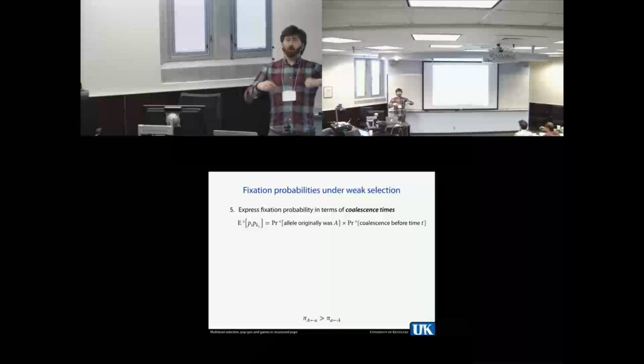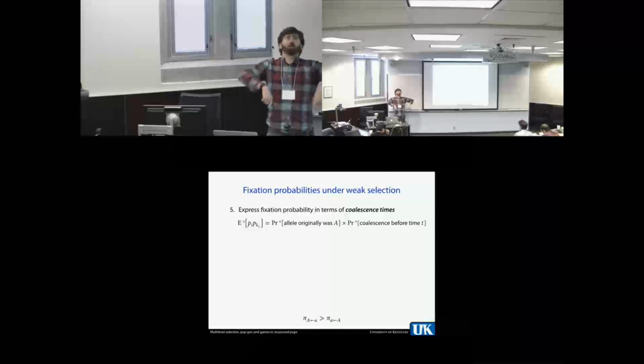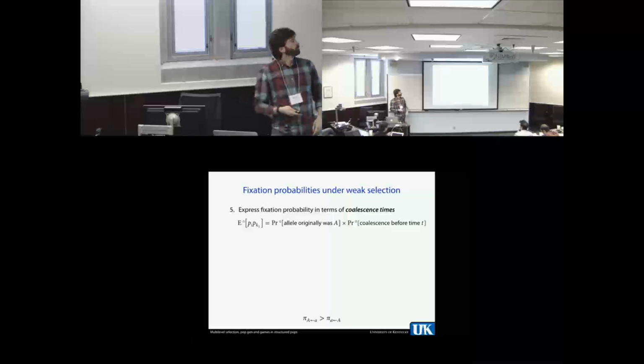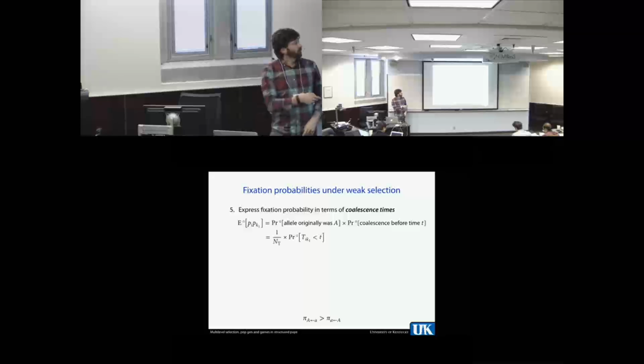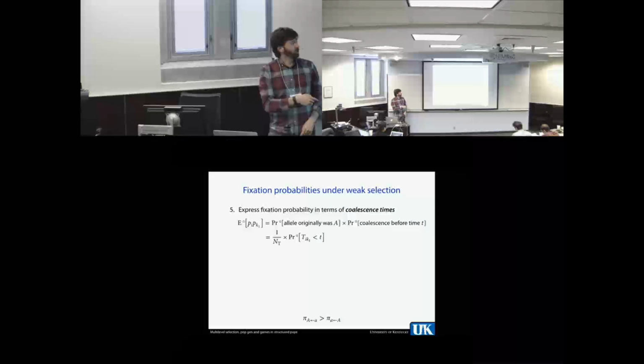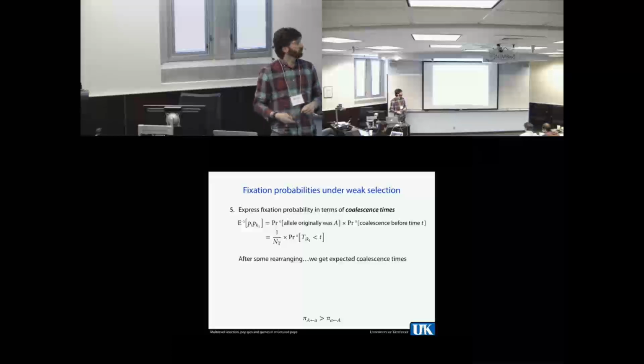So they both have to have the mutant gene, and then they both have to have coalesced back in time in order for them to both have it. The probability that it was originally the mutant is just the initial frequency, if it started off as a single copy. And then this is the probability that we had coalescence before time t of those two gene lineages.